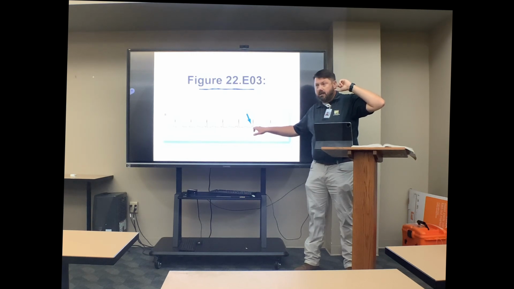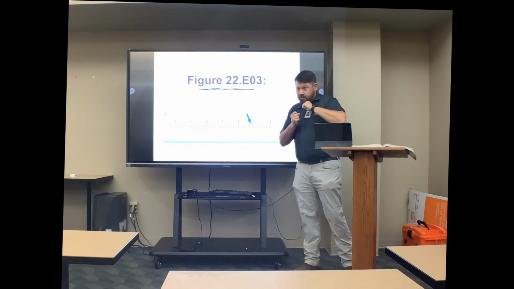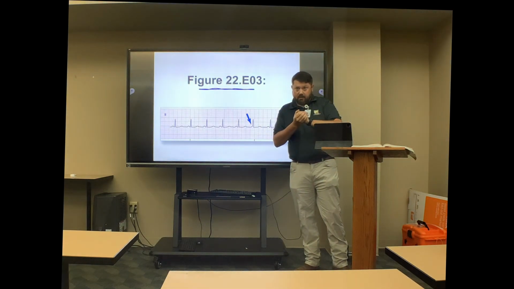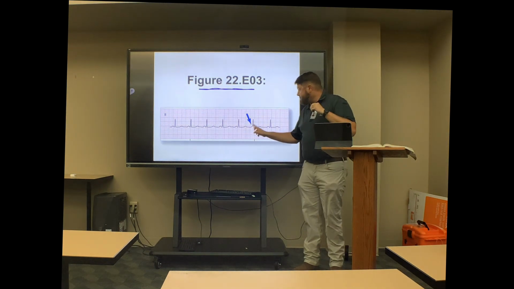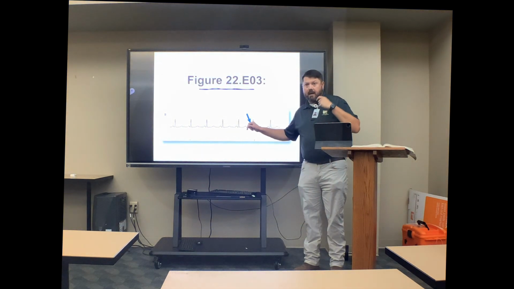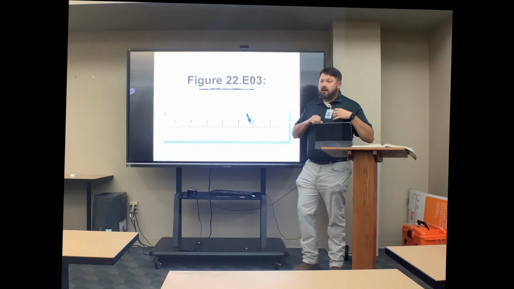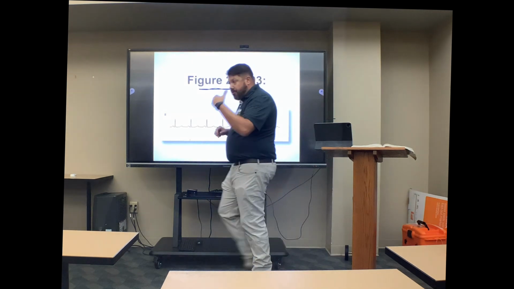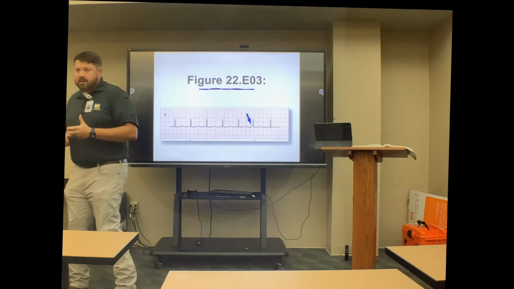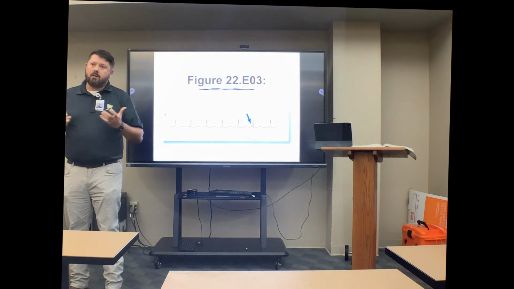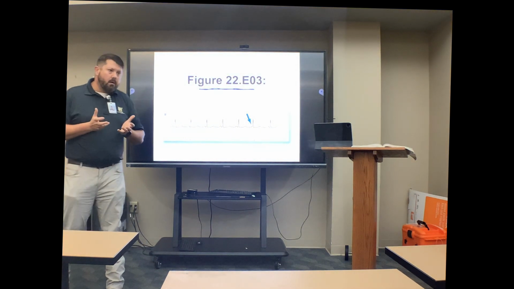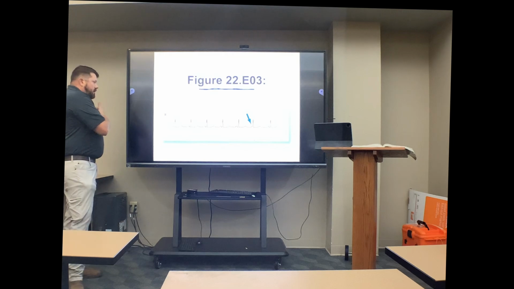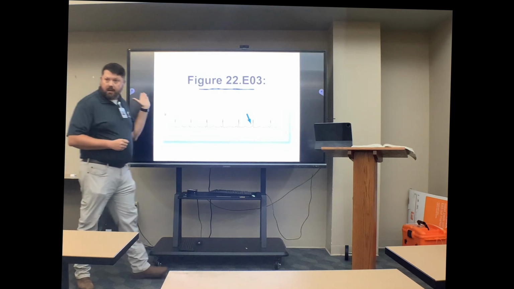Whatever caused this in the AV node has already caused the ventricles to contract. The SA node fired, and if that wasn't there, that complex would look like that. But the conduction made it through and got to the ventricle, and it's like, oh, you started without me. Cool. And so then the SA node had to start firing again.